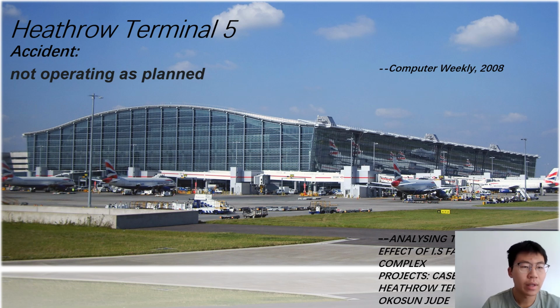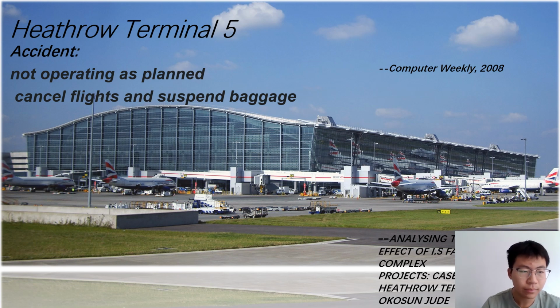And the second accident is the Terminal 5 accident in London. On the day of its opening, it quickly became apparent that the new terminal was not operating as planned, forcing British Airways to cancel 34 flights and suspend baggage check-in.